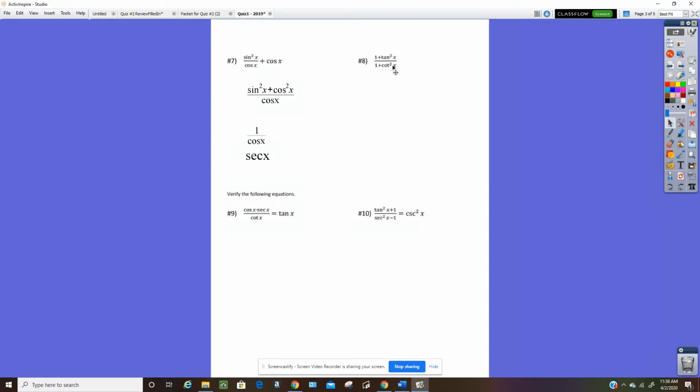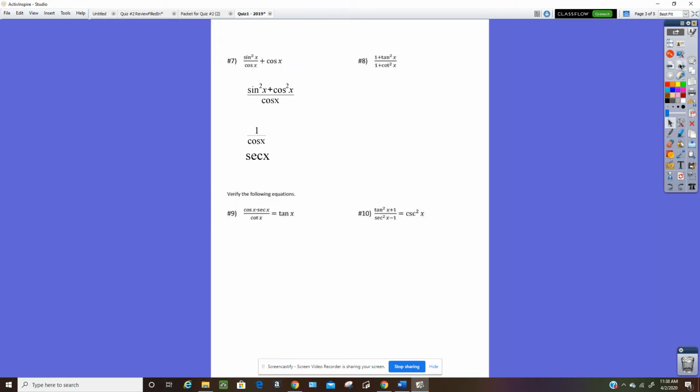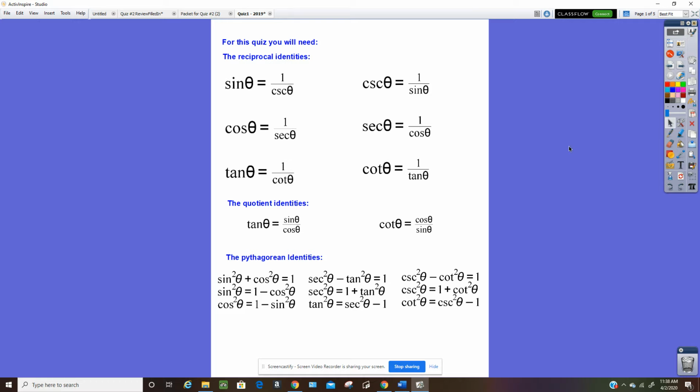All right, and then 1 plus tangent squared over 1 plus cotangent squared. So back on our Pythagorean identities again, 1 plus tangent squared is secant squared. And 1 plus cotangent squared is cosecant squared.